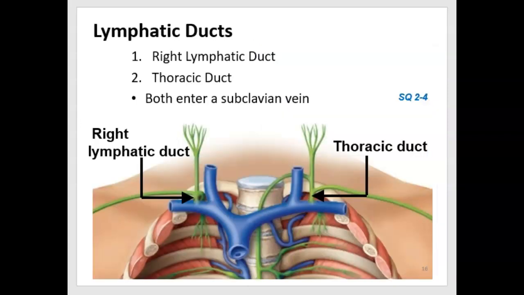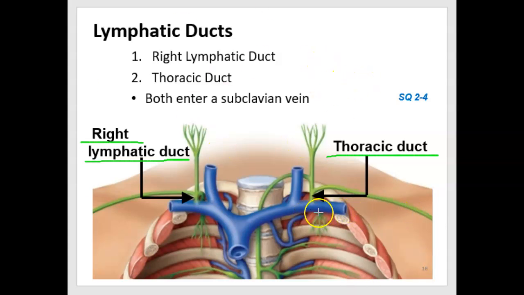Okay, let's look at the two lymphatic ducts up close and personal-like. The one on the right, conveniently enough, is called the right lymphatic duct. And the one on the left, I don't know why, but it's called the thoracic duct. Anyway, whatever.